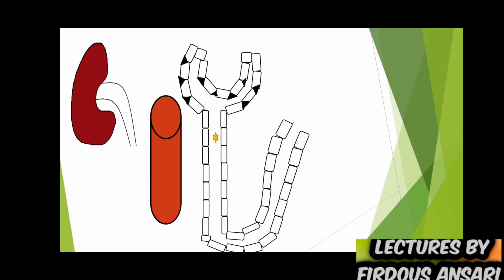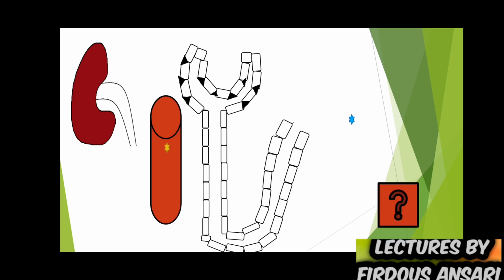Because of its lipophilicity, it can easily cross the barrier and move into the vascular compartment. Vascular compartment means your systemic circulation. But if the drug is hydrophilic in nature, then it cannot cross the barrier. It will stay in the nephron only and eventually get excreted out from your body.